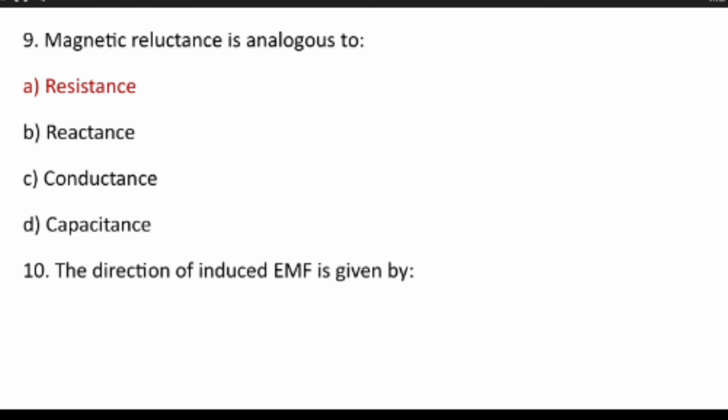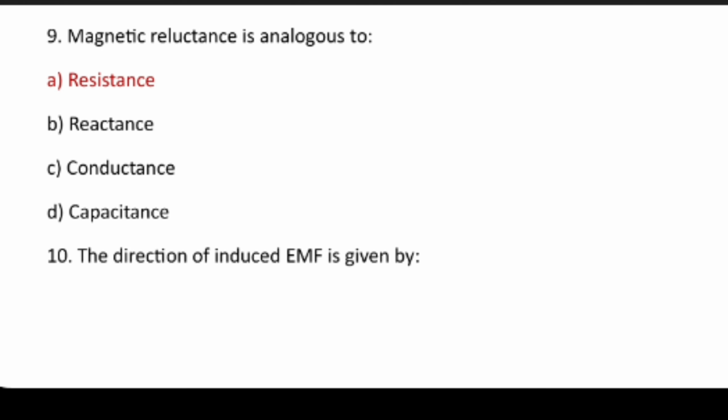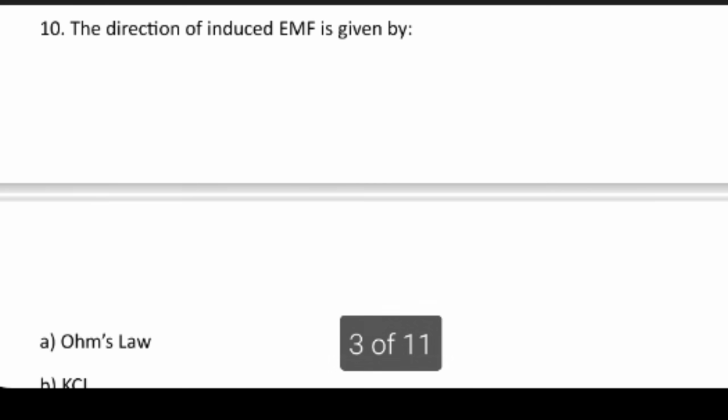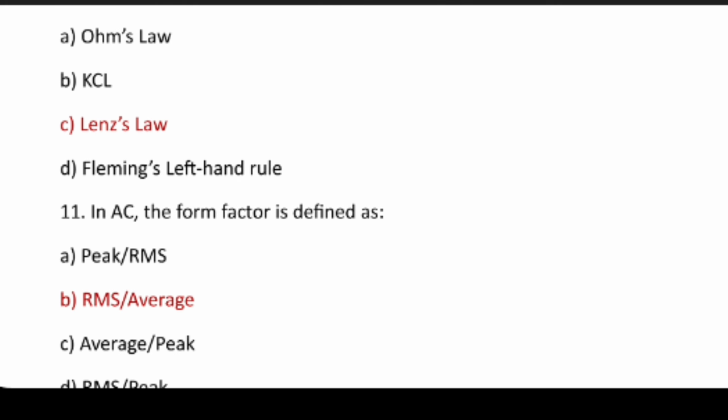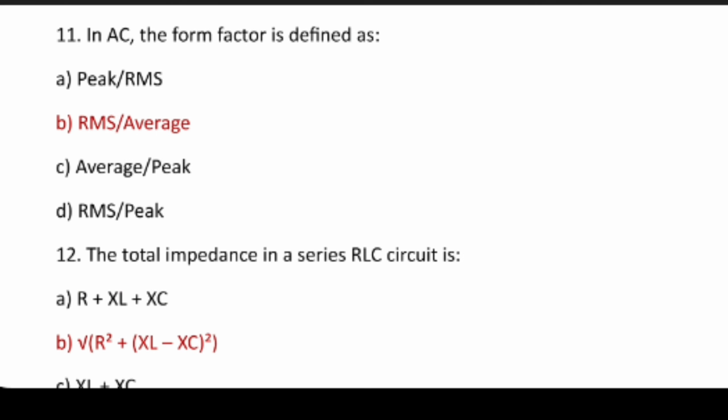Next, magnetic reluctance is analogous to, answer is resistance. The next question, for the 10th question, the direction of induced EMF is given by Lenz's law, option C. The 11th one, in AC the form factor is defined as, option B, RMS divided by average.